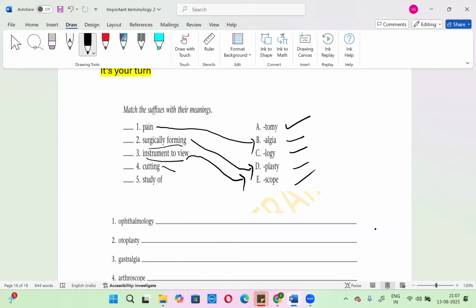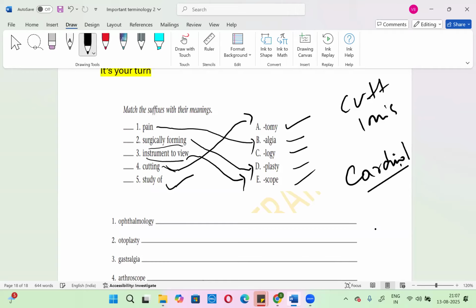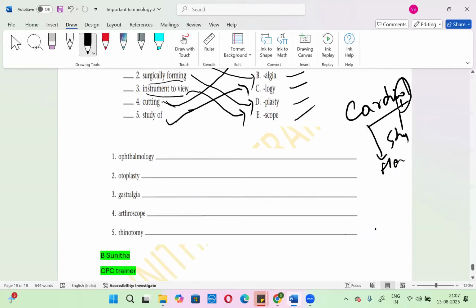Ectomy, madam. Okay, ectomy. Study of something, what will we call it? For example, cardiology is there. Logy is nothing but study. What are we studying? The heart. So study of something is nothing but logy. Okay. And here we go.